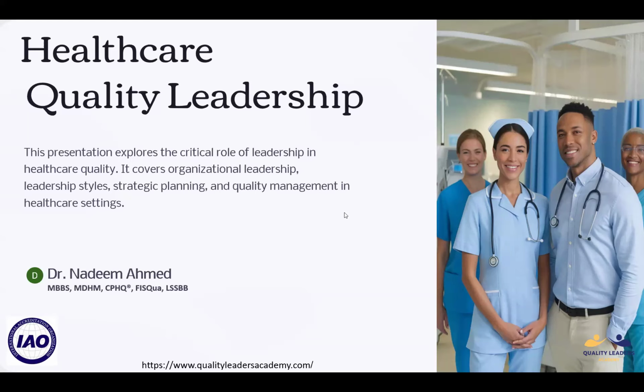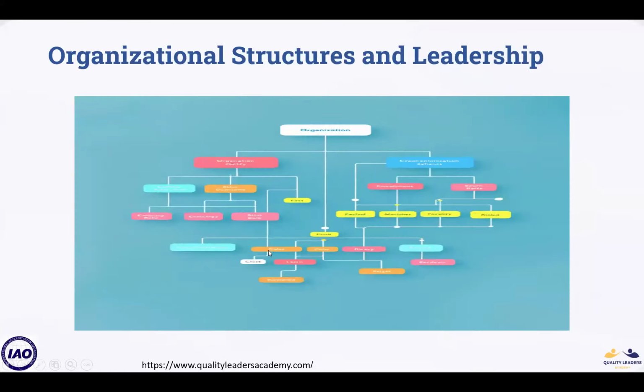So welcome back. So let's start at the foundation as to how organizations are designed and why this design matters for our quality. Okay. So I know you all work in a hospital and you have experienced this also.